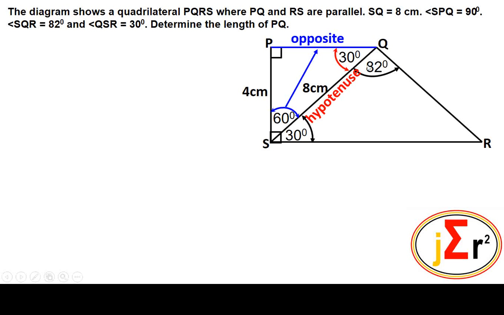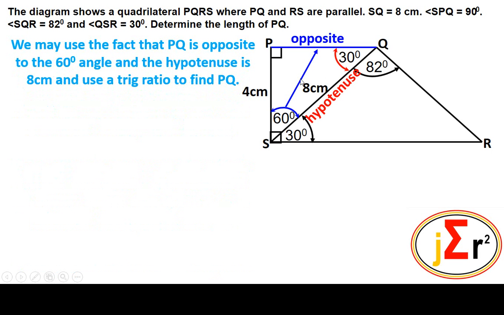On this occasion, we are making use of the fact that the side PQ that we intend to find is opposite to the 60 degrees angle. No doubt we have the hypotenuse highlighted right here. The hypotenuse is the longest side of the right-angled triangle, and it is located opposite to the right angle. We may use the fact that PQ is opposite to the 60 degrees angle and the hypotenuse is 8 centimeters, and use a trig ratio to find PQ.